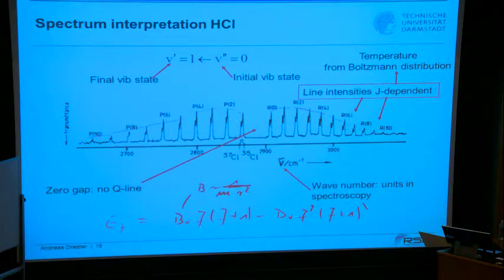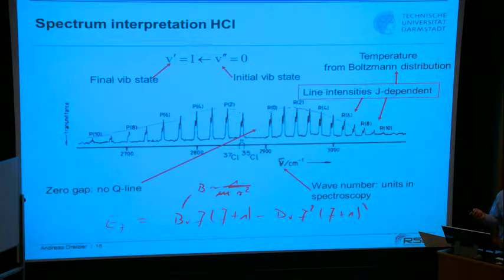And because these distances are unique, you can very easily identify where you are. But if you have, let's say, another molecule that would have an absorption structure overlaying that, then it can be more complicated. That means in some cases it might not be so easy to identify it if you have interferences from other molecules.